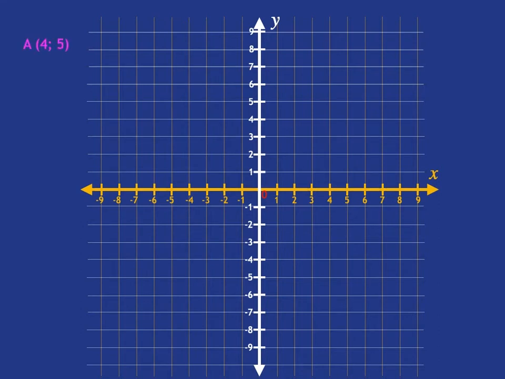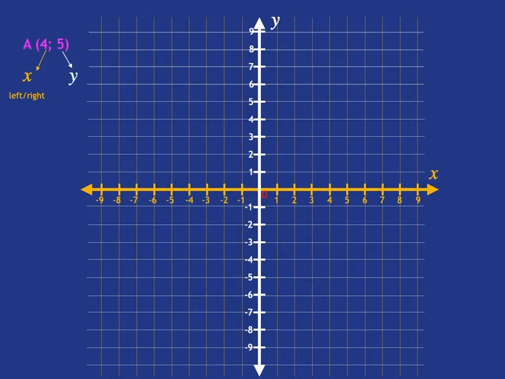So the way we talk about points is as follows. We give them a name, like A, and then we give them coordinates. The first coordinate tells me the X value, and that tells me how far left or right of that origin, the 0 point, we have to go.